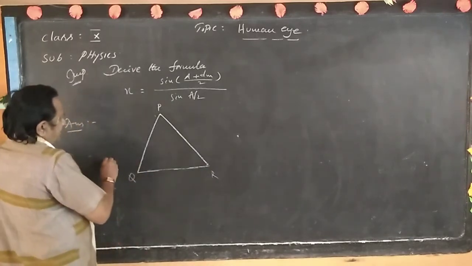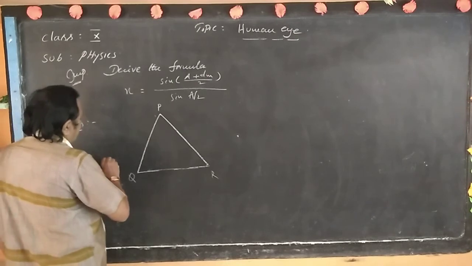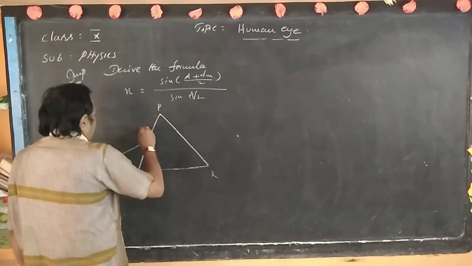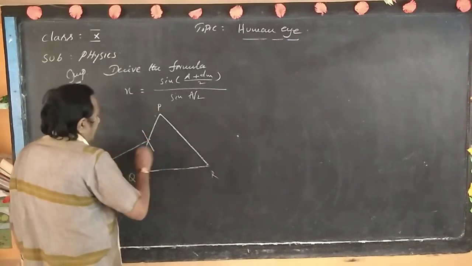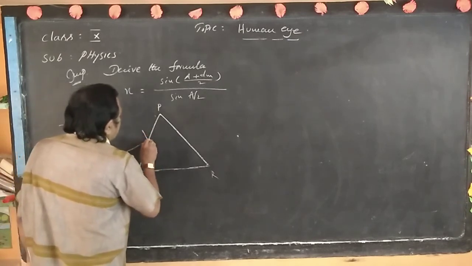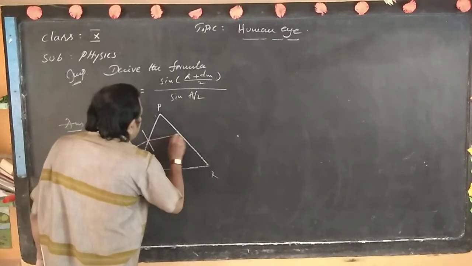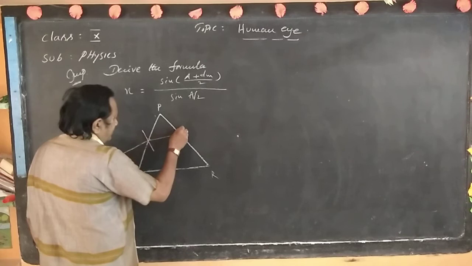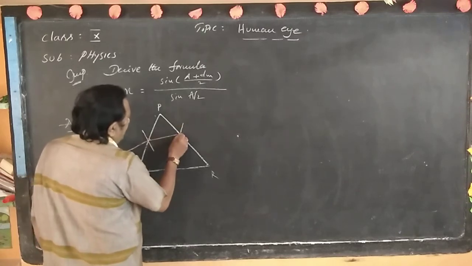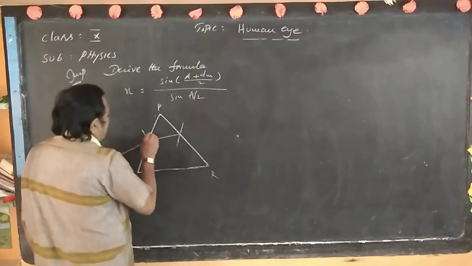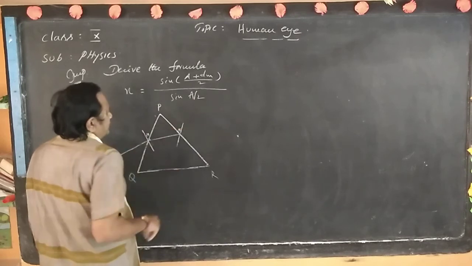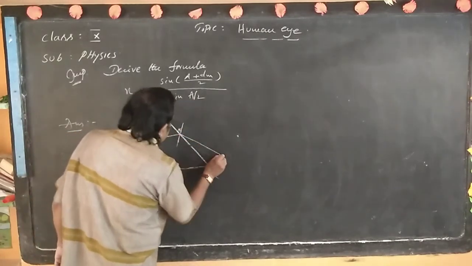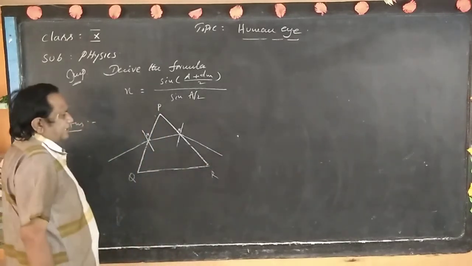The incident ray is produced here and travels here, and at this point we plot one normal line. From there it refracts and travels like this, and from there we plot another normal line. Again it emerges out. This point we consider as N, and the emergent ray is considered here.